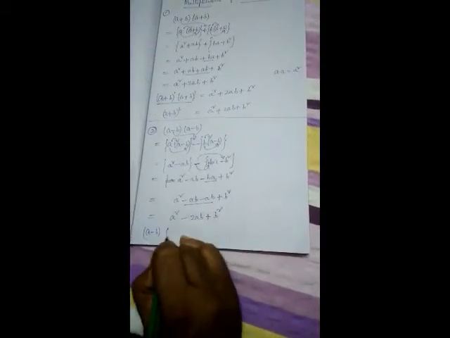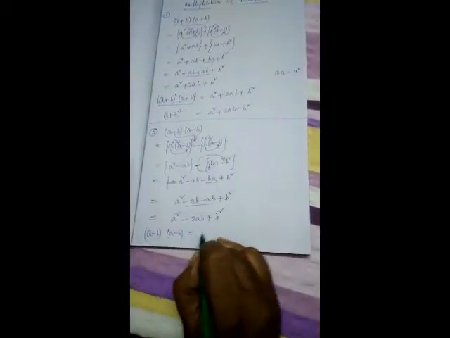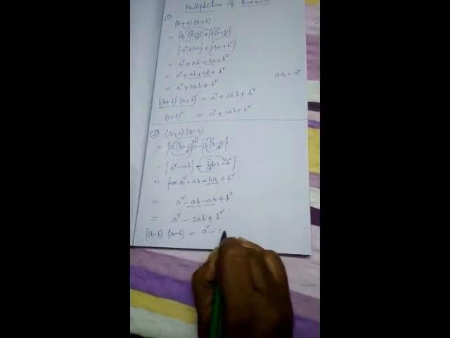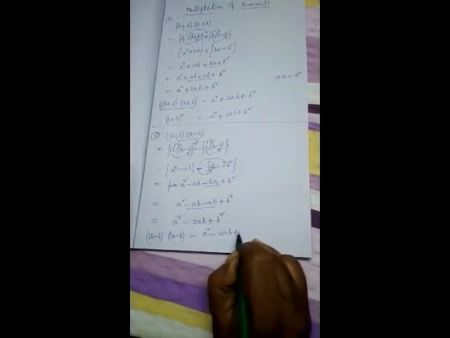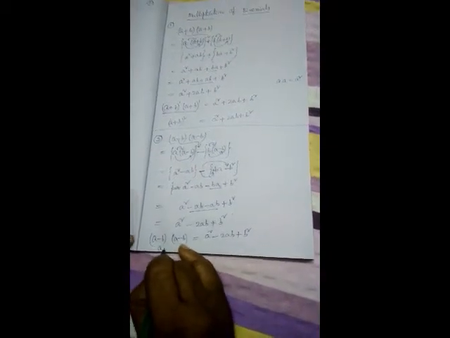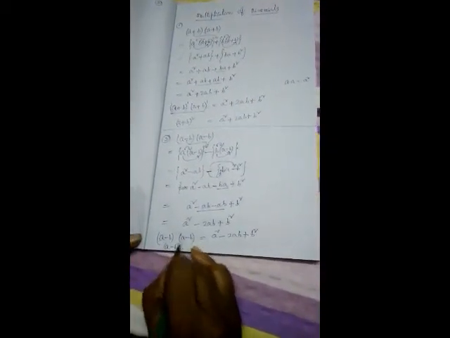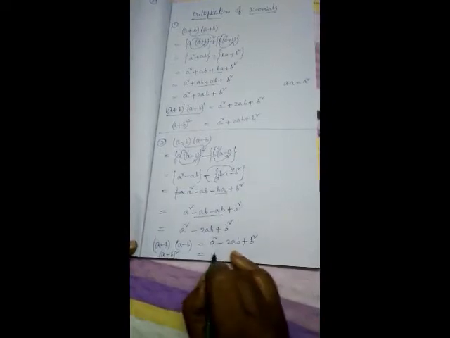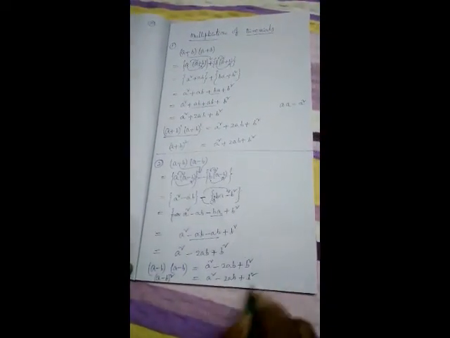Finally, (a - b) into (a - b) is equal to a square minus 2ab plus b square. That is nothing but an algebraic identity: (a - b) whole square is equal to a square minus 2ab plus b square.